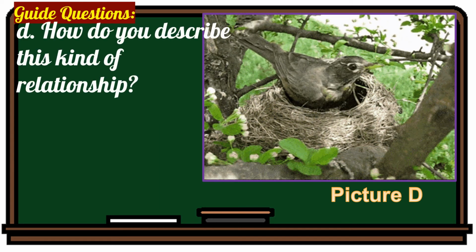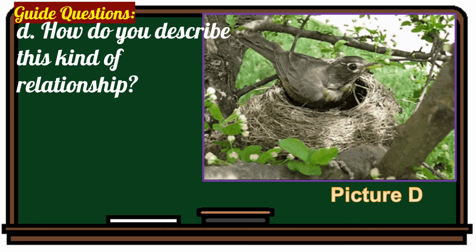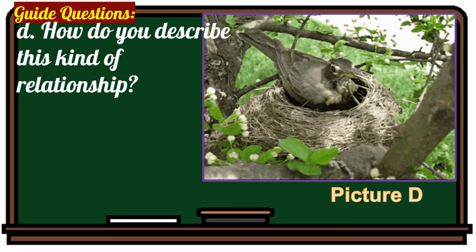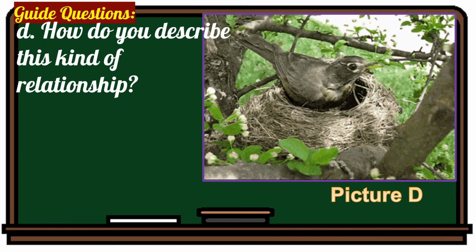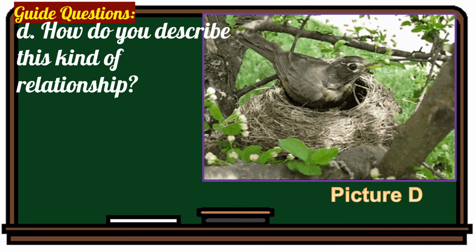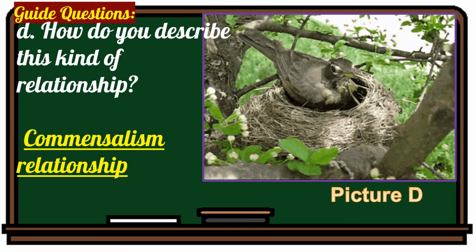For letter D question, how do you describe this kind of relationship? When one species benefits while the other one is not harmed nor affected, the interaction or the relationship is called commensalism relationship.